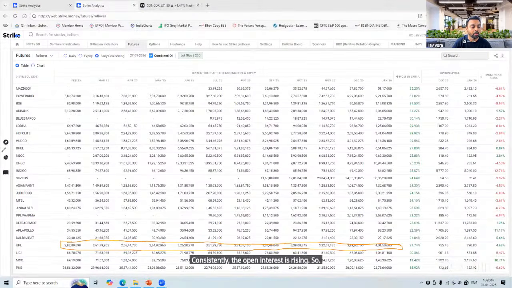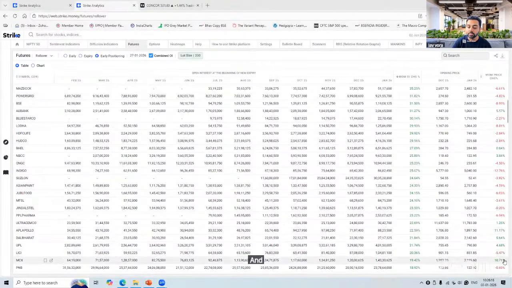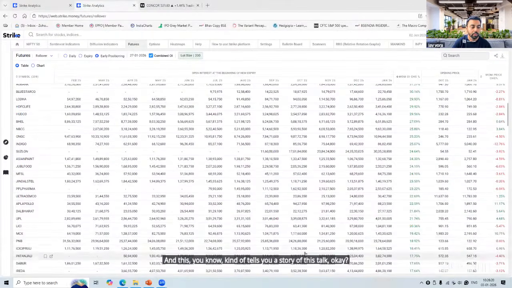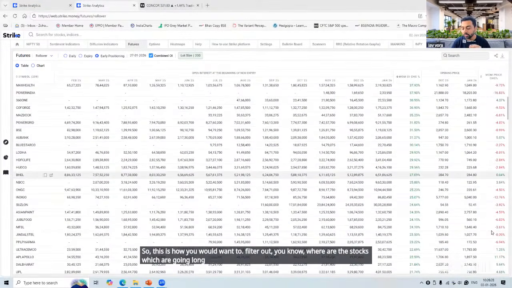So this is what a 12-month trend can tell you. Okay. And over here, in fact, it has gone up. So that means people are going long in this. And this kind of tells you a story of this stock. Okay. So this is how you would want to filter out the stocks which are going long, where we are seeing long, where we are seeing short.